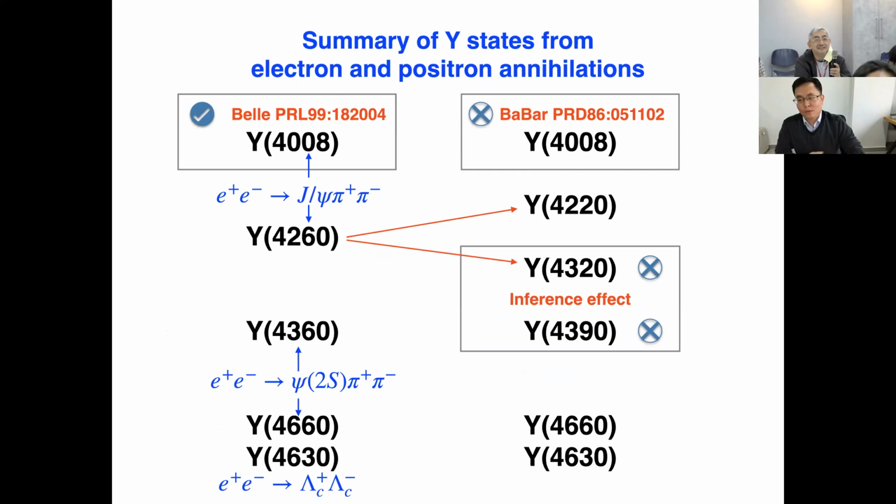Yeah. When we face many wide states, for theorists we have a puzzle in this situation. If we have more wide states from the experiment, you can introduce an exotic state explanation for each wide state, but unfortunately we cannot understand so many states.